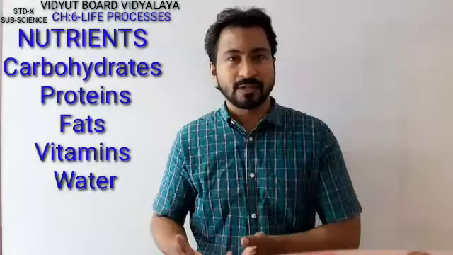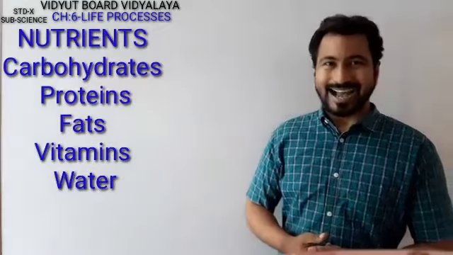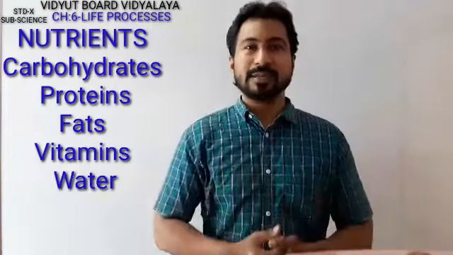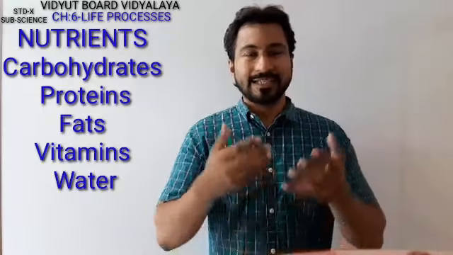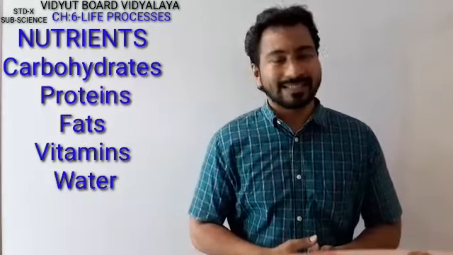Now, from where do we get this nutrition? We mainly get this nutrition from nutrients. So what are these nutrients? Nutrients are the substances that mainly provide us the raw material and the energy content for the cells.